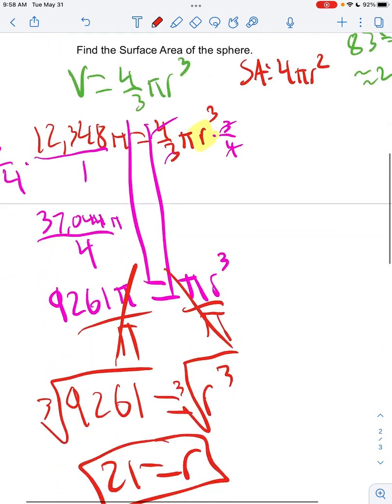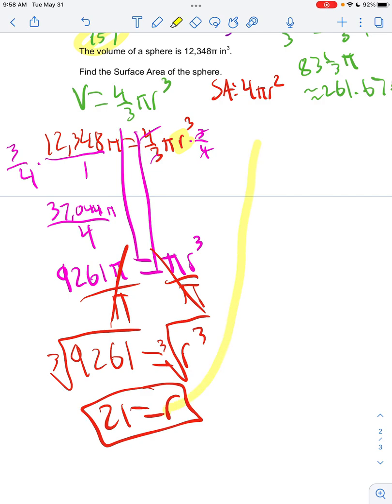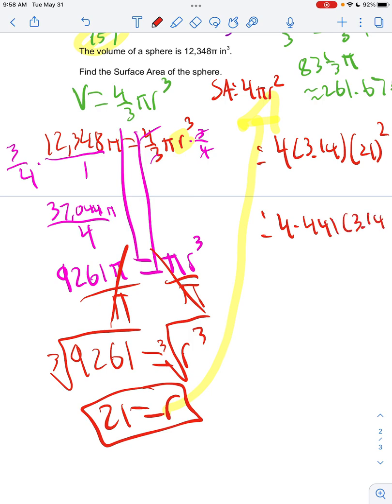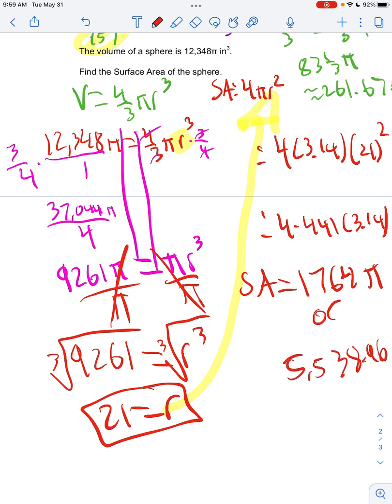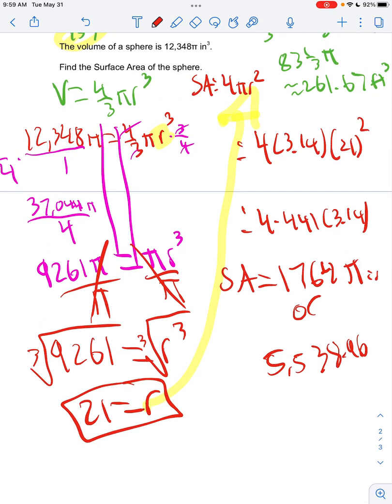That doesn't answer the question because we have to then plug this back in to our surface area equation. 4 times 3.14 times 21 squared. 21 squared is 441. 4 times 441 times 3.14 is 1,764 pi, or 5,538.96, and that would be inches squared.